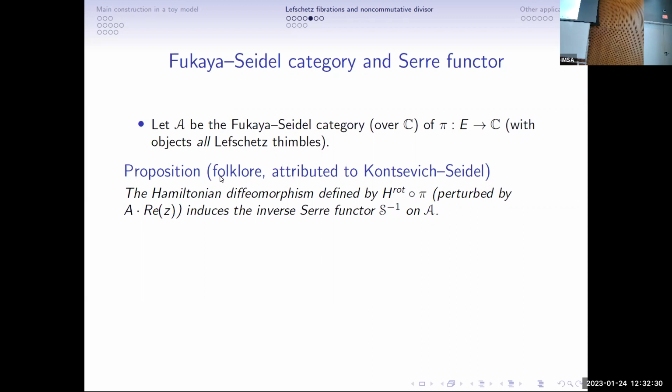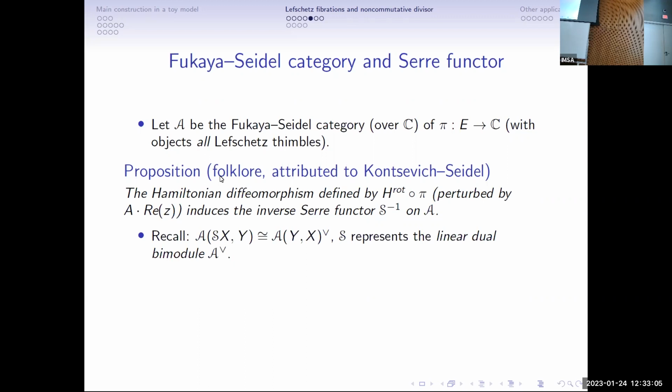I think the statement is that this monodromy corresponds to the Serre functor. To be more precise, the statement is the following. Let's consider the Hamiltonian diffeomorphism defined by the rotation Hamiltonian perturbed by this translation. Then this will induce an automorphism on the Fukaya–Seidel category. And the point is, this induced automorphism is actually identified with the inverse Serre functor defined over the Fukaya–Seidel category.